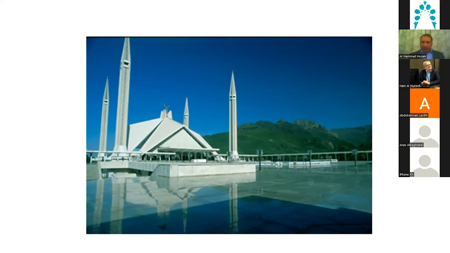Symbolism aside, it was a structural system. And the dome came to South Asia from Central Asia and from Iran. So the kind of domes that were built in Pakistan were called onion domes. And they were not structurally very strong. They were not meant to span large spaces.